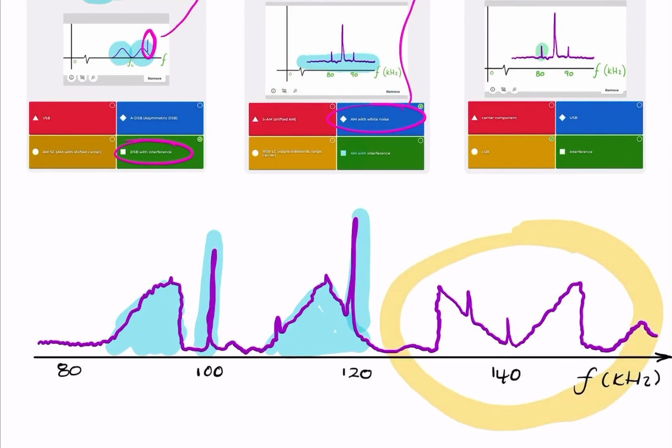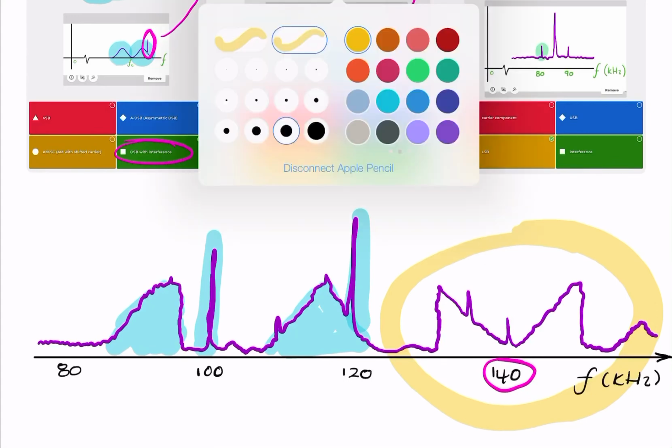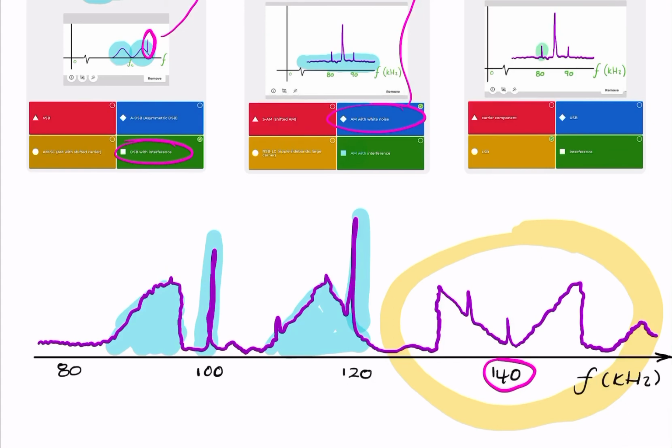We were told that the carrier frequency was 140 kilohertz, and we were asked to select the component that's causing the most damage. We have a tiny little carrier component there. That's not really a carrier component, because AM would never have such a small carrier component, because the modulation index would have to be bigger than 1. So what we're looking at here is two interference components.